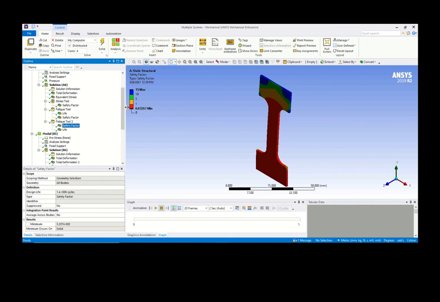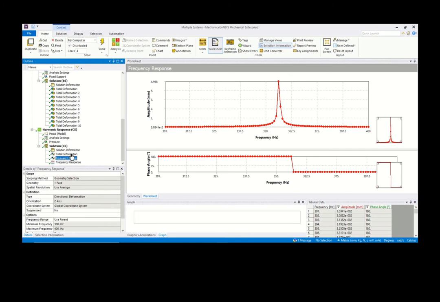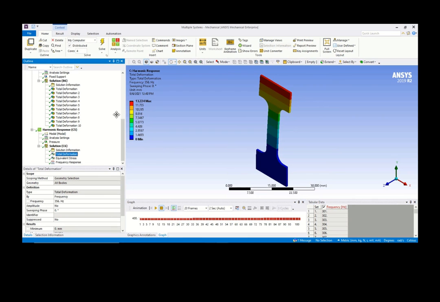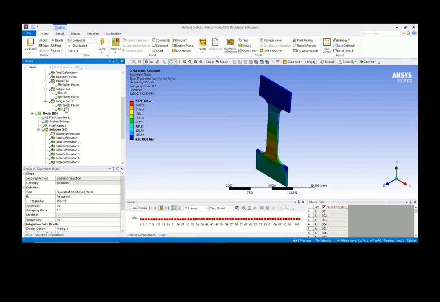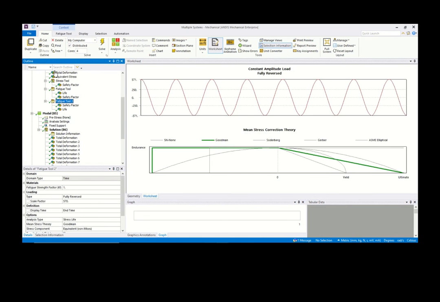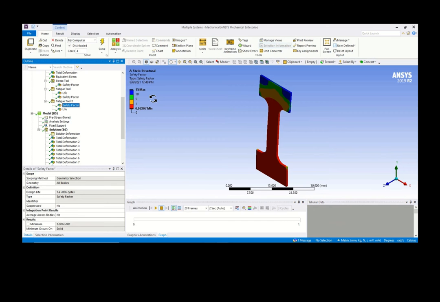So this failure will happen only when you excite your specimen with the harmonic excitation at a frequency of 356 hertz. The stress is 2,700, so it's 570 times larger than the 4.7 originally. So the safety factor is far below 1, only 0.03.